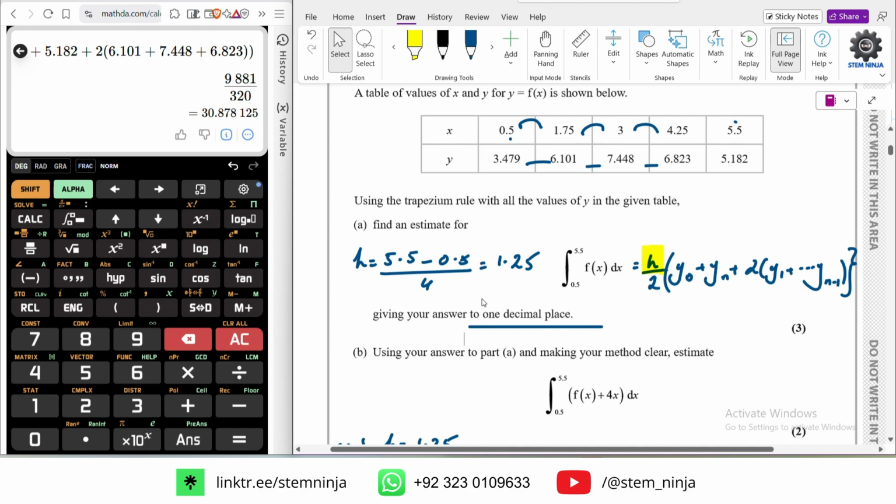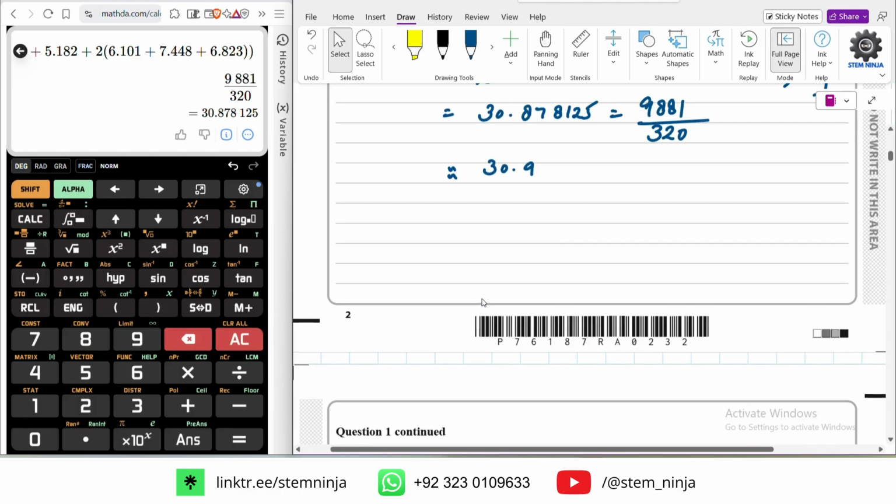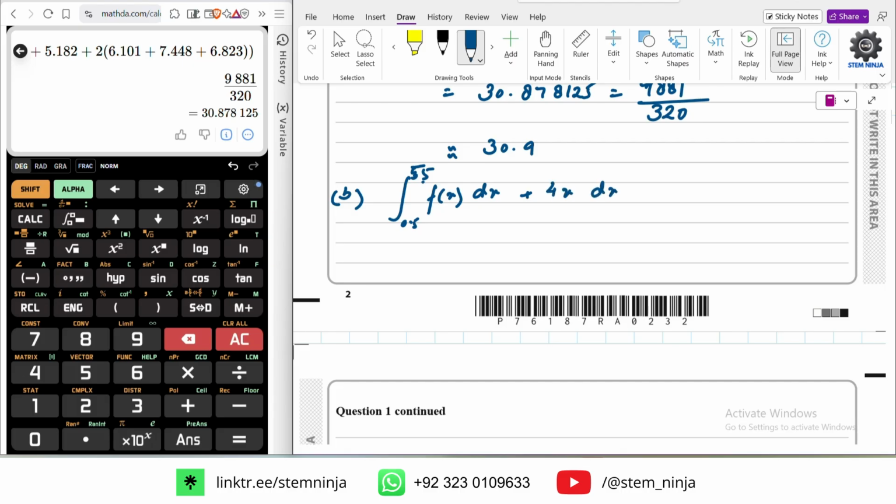Okay, using your answer to part A and making your method clear, estimate. Okay, so same thing but with 4x added. So we have the integral from 0.5 to 5.5 of f of x dx plus 4x. So remember, we can split this because integration is a linear function.